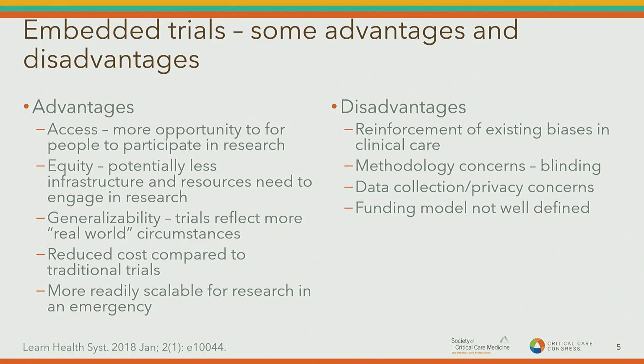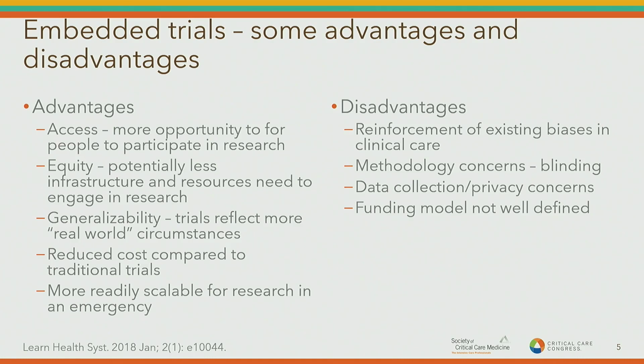And something near and dear to my heart, coming out of COVID and the flood of research that came out of COVID, is also this idea that embedded trials, and particularly embedded trial networks, are more readily scalable to do high-quality research in an emergency. So building the infrastructure in this inter-emergency time period that we're now hopefully in is a great idea in order to better prepare us for the next emergency.